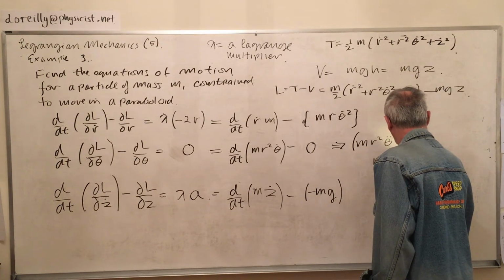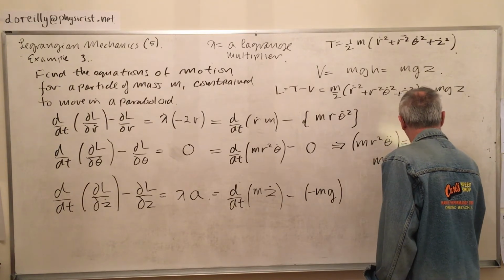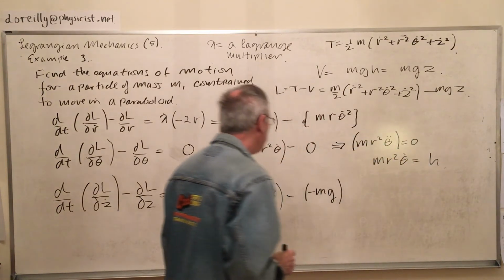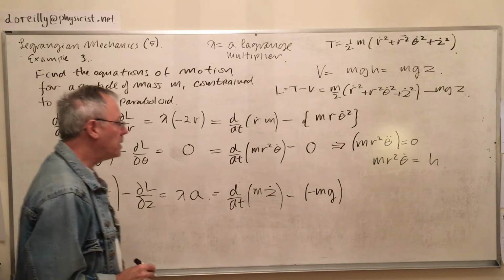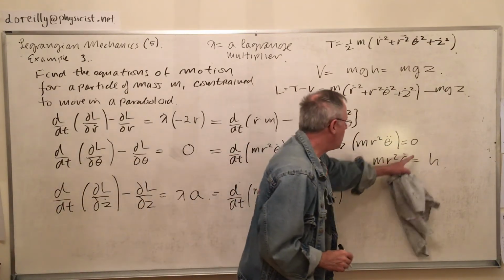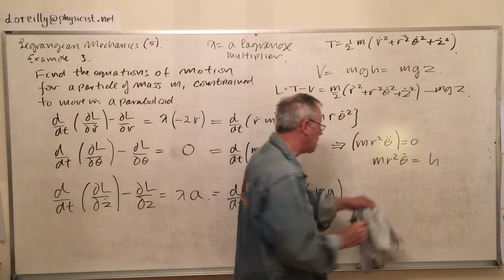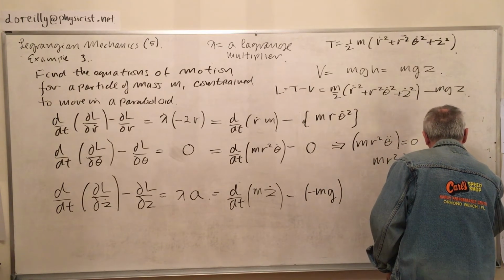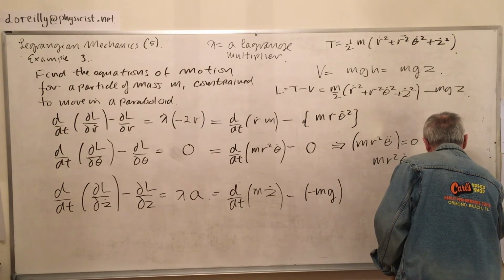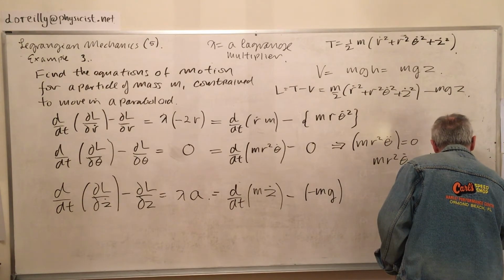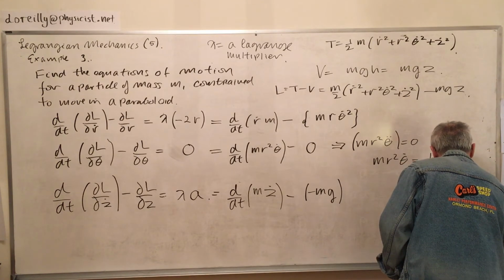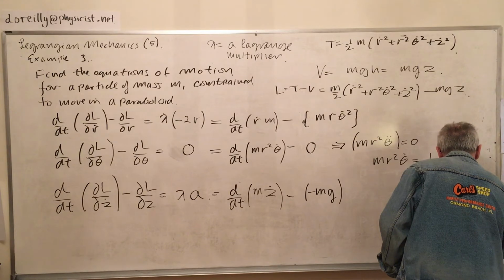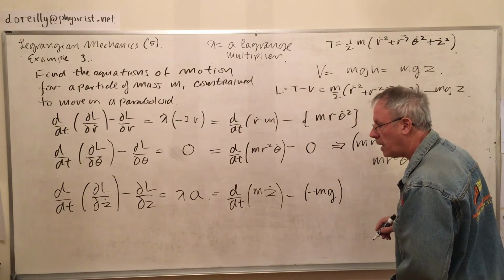We're going to say that m r squared theta double dot is 0, so m r squared theta dot is a constant. It's going to be the angular momentum. Now I'm running out of time.